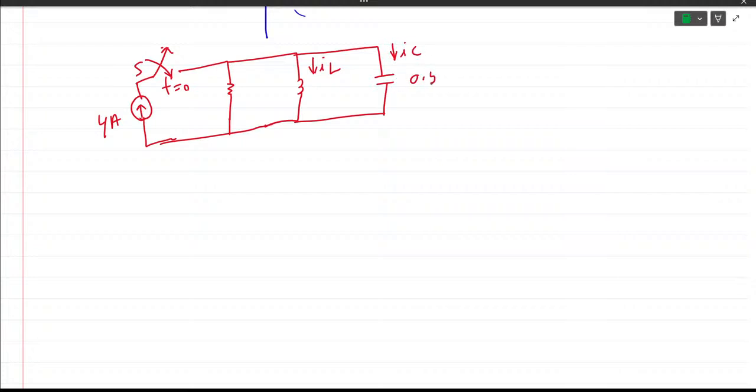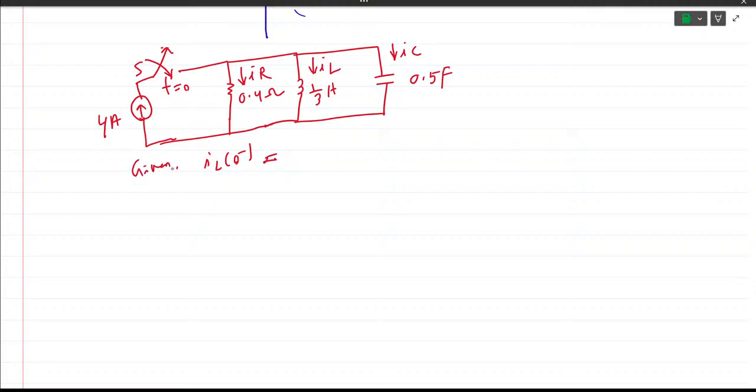And the value is 0.5 farad, right? And here is the 1 upon 3 Henry, and this is your 0.4 ohm, the IR.